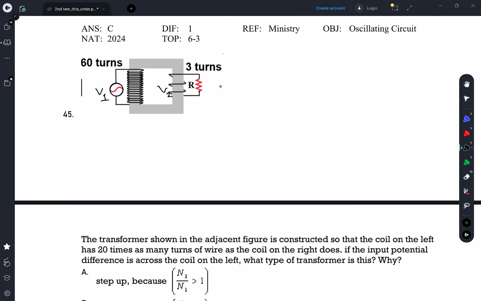So what type of transformer is this? As you see, N1 is greater than N2, N2 is less than N1. So it is a step down transformer. And for a step down transformer, N2 divided by N1 is going to be less than 1.